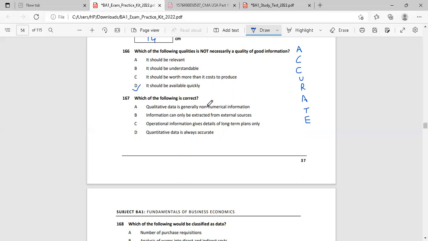Operational information gives details of long-term plans only. Quantitative data is always accurate, that also could have flaws. So qualitative data is generally non-numerical, but it doesn't rule out that anything would be in numerical form. So A would be the correct answer.